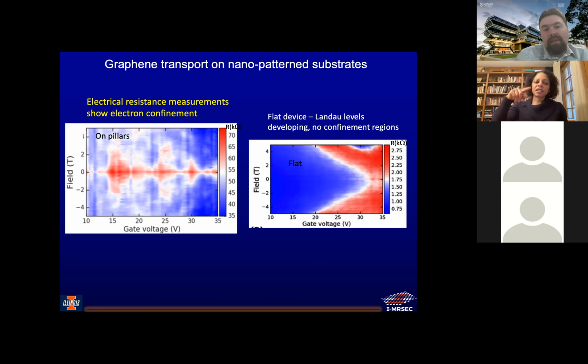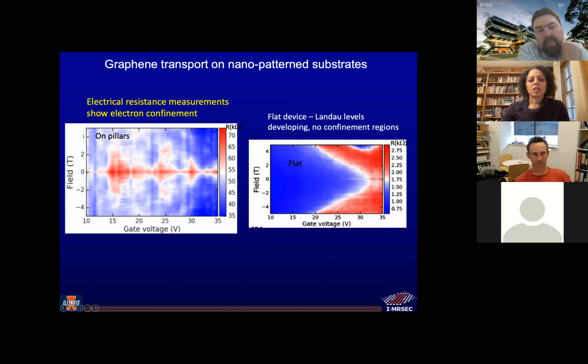The oscillations you see for Shubnikov-de Haas are generally as a function of magnetic field. Okay. Right. So that would be on the vertical axis. Oh, here. I see. So the horizontal axis is gate voltage, whereas the vertical axis is field. So there is confinement here as a function of field, but I would say it's at some average scale rather that it doesn't look oscillatory in the same way to me.